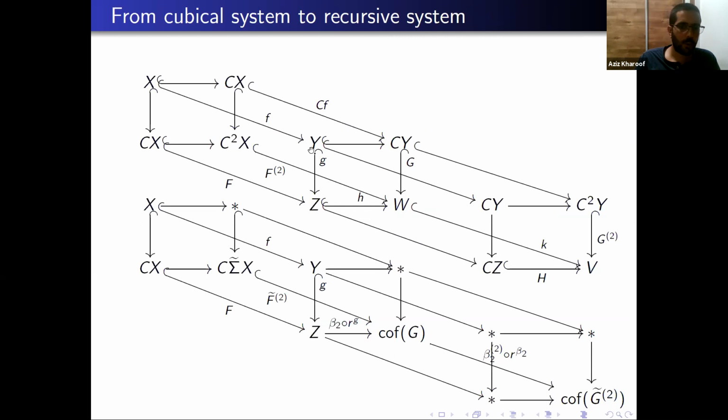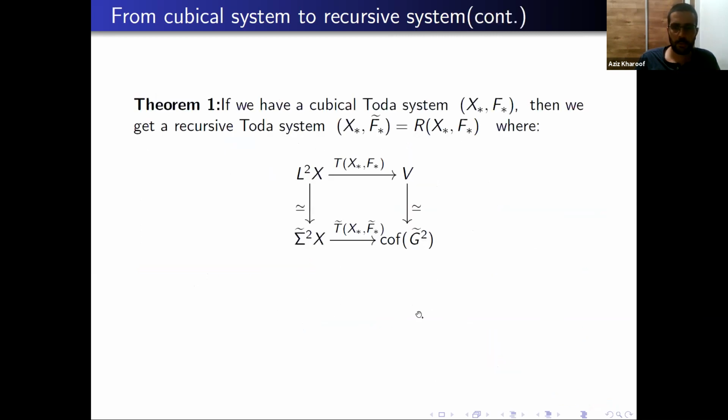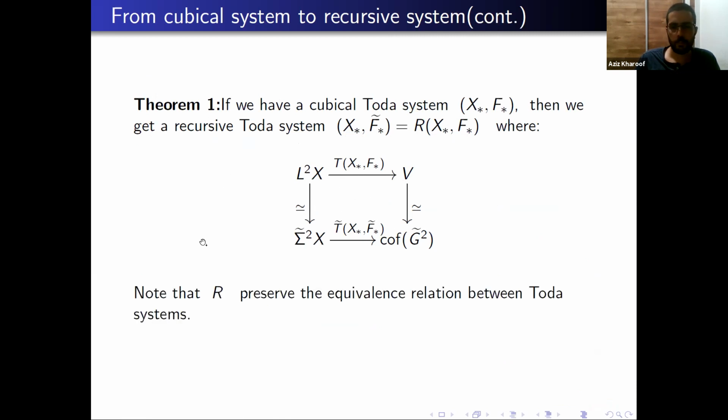And it's functorial, you see, because we use the cofiber here, and it's in a functorial way. So I call the functor R, from the cubical Toda system to the recursive Toda system, and it gives me these equivalent Todas, okay?